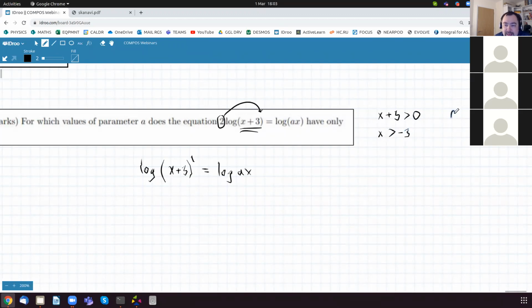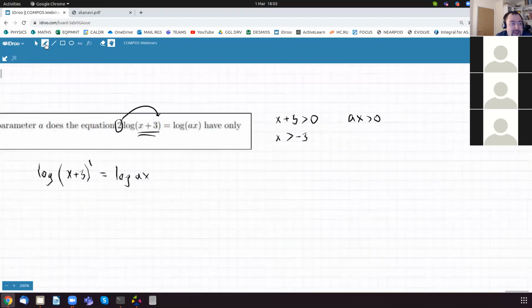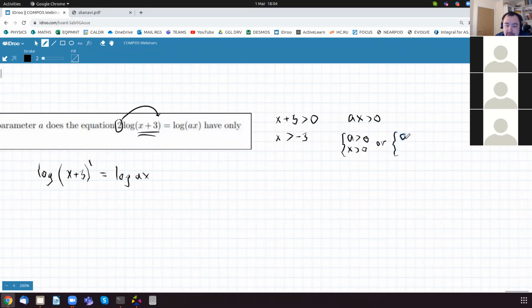And also ax has to be positive. And that either means that a is positive and x is positive, or a is negative and x is negative.